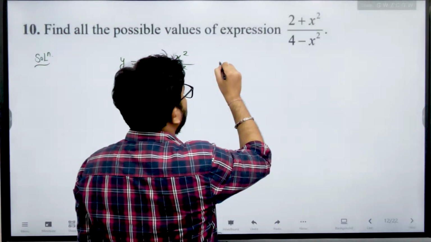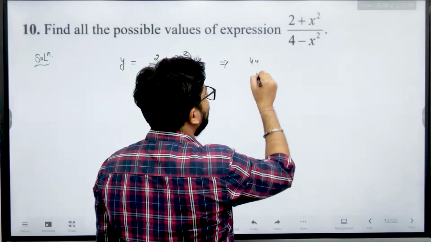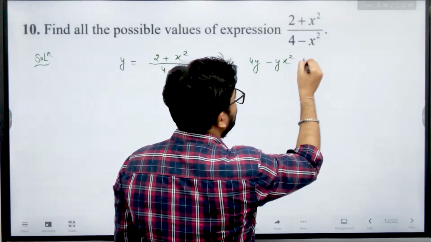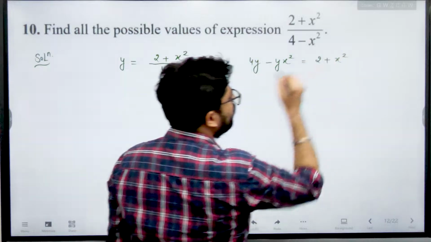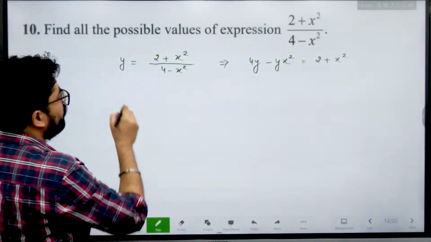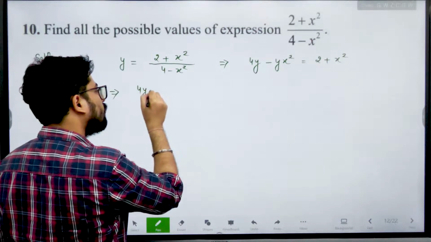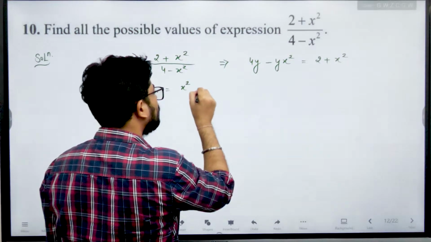Now simplify it. When you multiply with 4 minus x square, you will get 4y minus yx square is equal to 2 plus x square. From here, 4y minus 2 is equal to x square plus yx square.